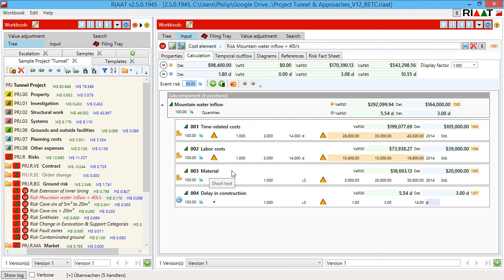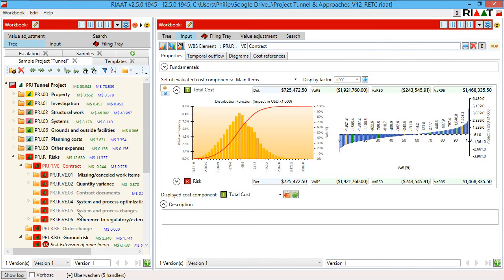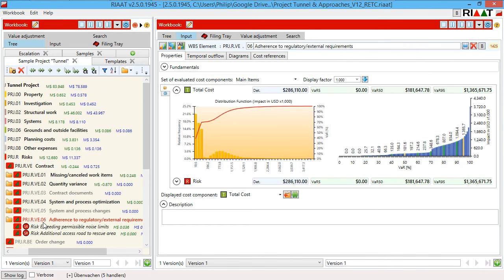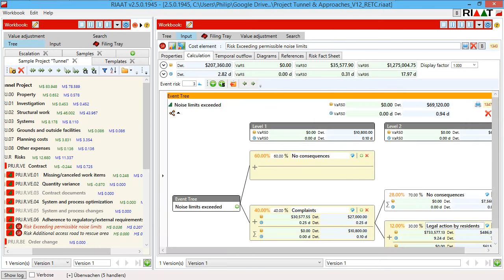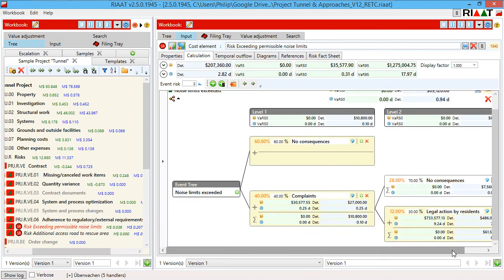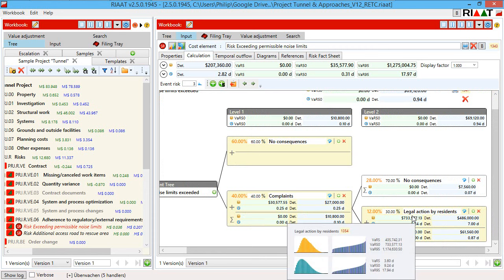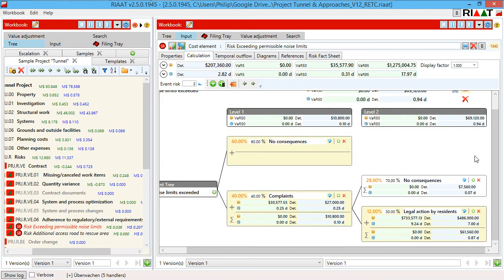When we're doing risk assessment, it's also very important to know how to deal with dependent risks, and therefore I'd like to show an example from an event tree analysis. You see the tree on the right side, and we're using a very strongly visualized way to model our risks.